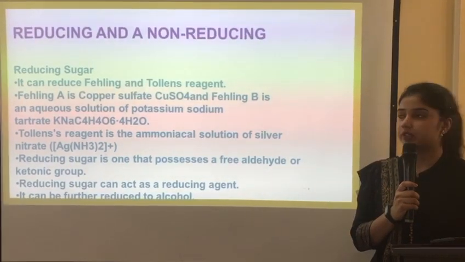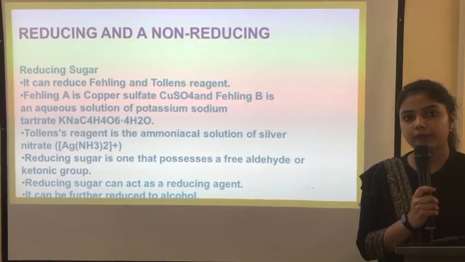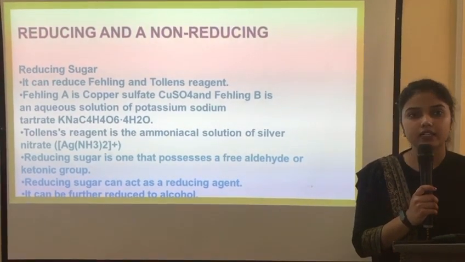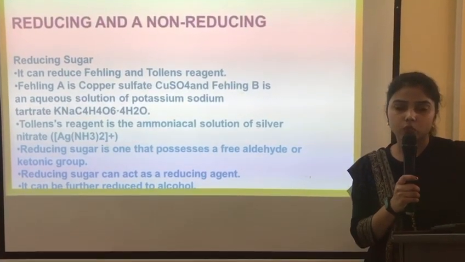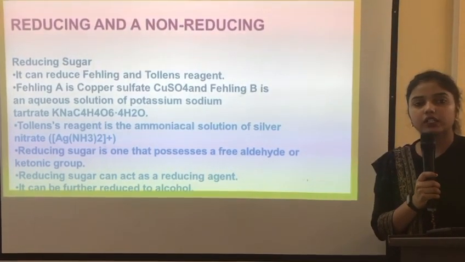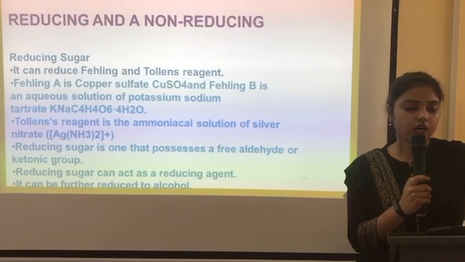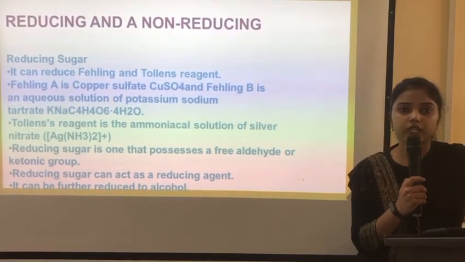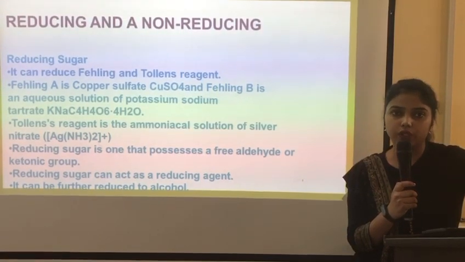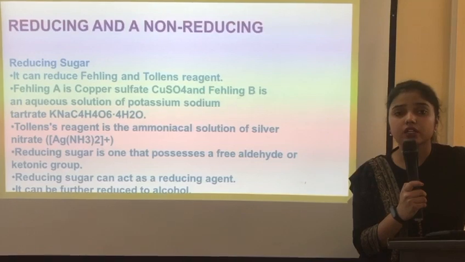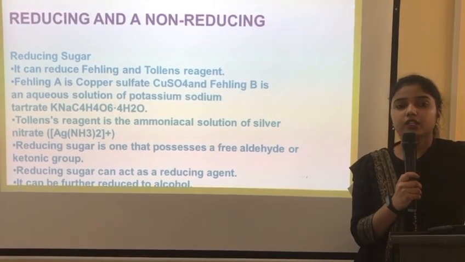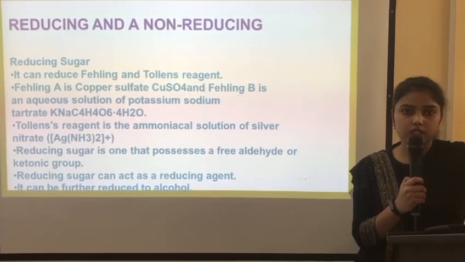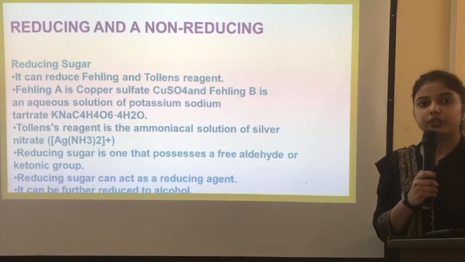What is Fehling's and Tollens'? Fehling's solution is of two types, Fehling A and Fehling B. Fehling A is copper sulfate and Fehling B is a solution... maltose, and lactose. This is all about reducing sugar.